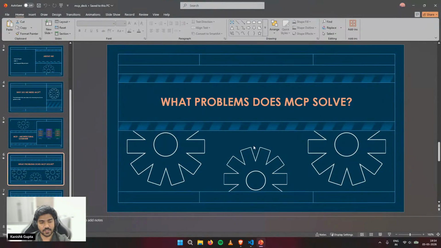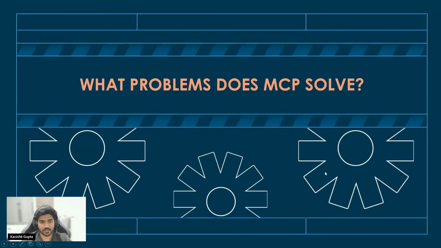Another problem that MCP solves is the integration problem, that suppose you have multiple tools or external services that you want to integrate, but you can't scale that in real time, right?